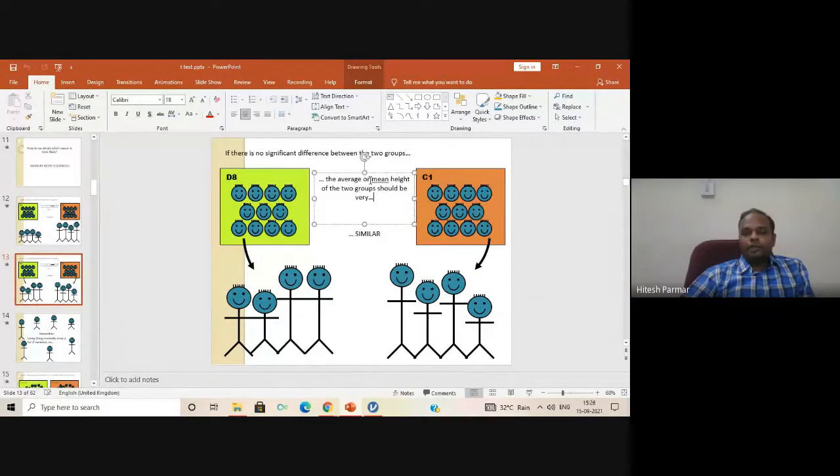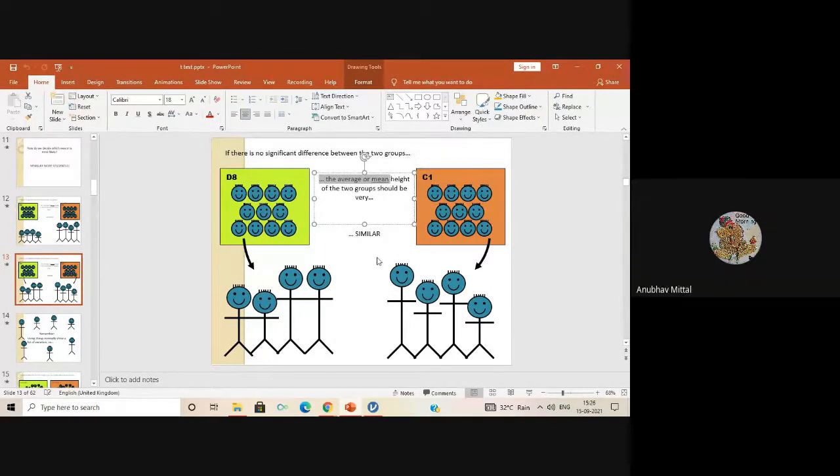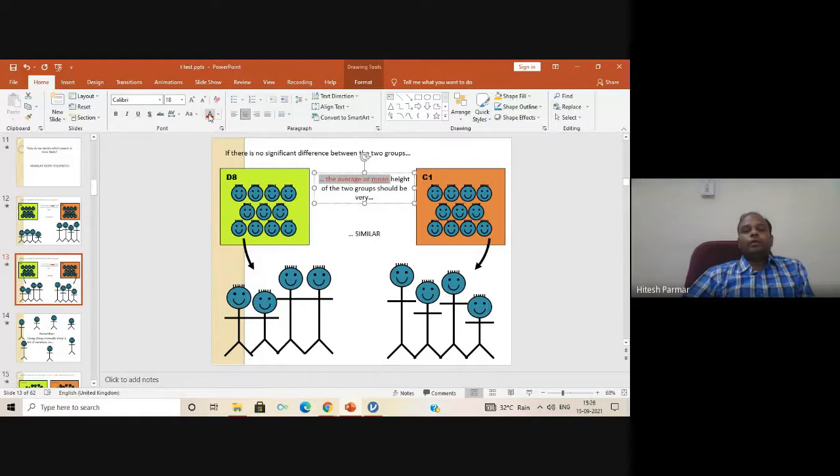Yeah, continuous variable. But what is our criteria for comparison? On what basis? Sir, height. Please repeat. Sir, height is the criteria. Okay. Yes, sir. But what are we comparing here?